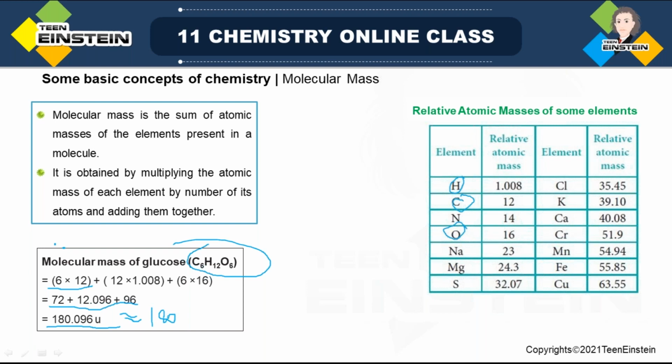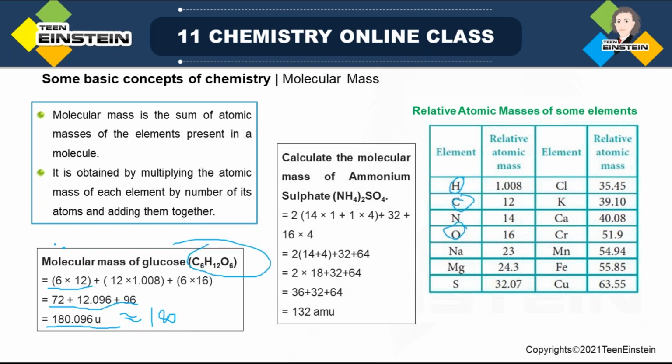Okay. One more example. Calculate the molecular mass of ammonium sulfate. First, obviously, you have to know the formula. If the formula is given, it's fine, but if it is not given, you have to know it. (NH4)2SO4.